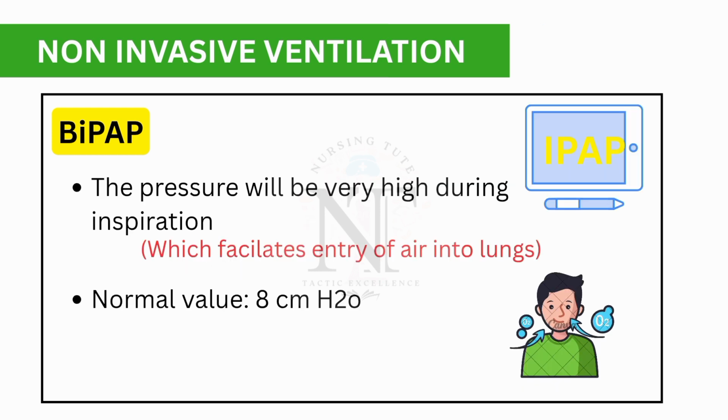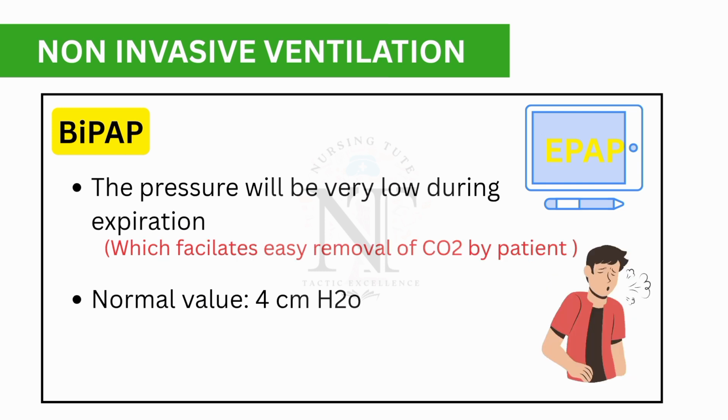In IPAP, the pressure will be very high during inspiration, which facilitates the entry of air into the lungs. In EPAP, the pressure will be very low during expiration, so this helps the patient to breathe out very easily. In this case, the BiPAP can eliminate the accumulated CO2 from the lungs.